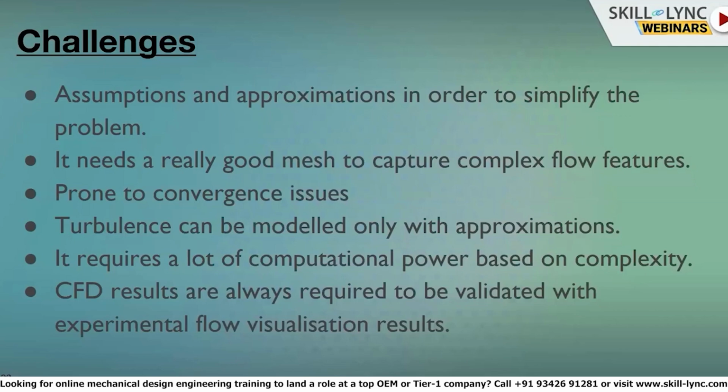Always you need to have a really good mesh to capture the complex flow features, and sometimes it leads to limitations on the computational capability you have. Then you need to take a call on what accuracy you need based on the computational HPC you have.